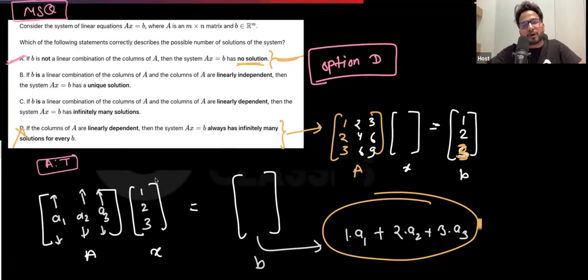So in this case, if the columns are linearly dependent, then either there are infinitely many solutions or there are no solutions, right? So let me ask you something. Tell me if this is true or false. Suppose A has linearly dependent columns, LD means linearly dependent.